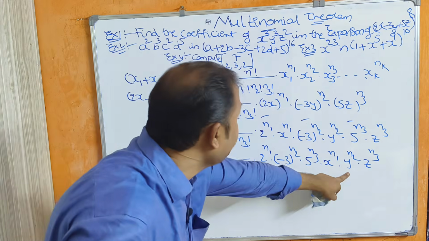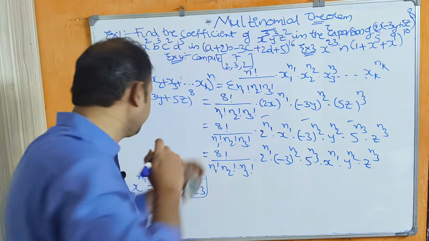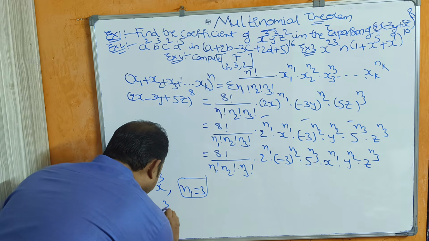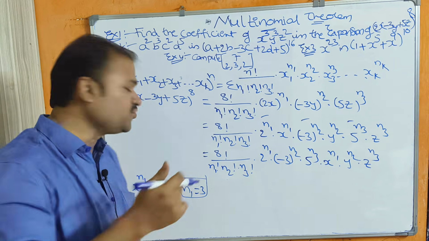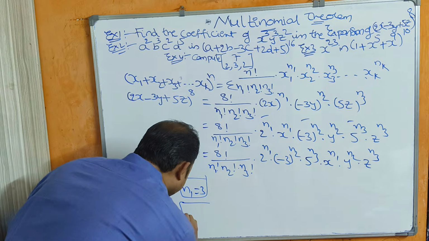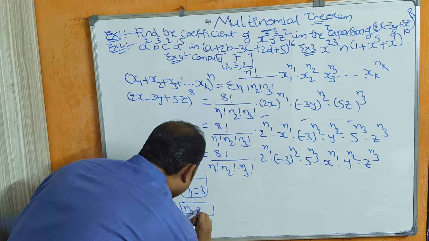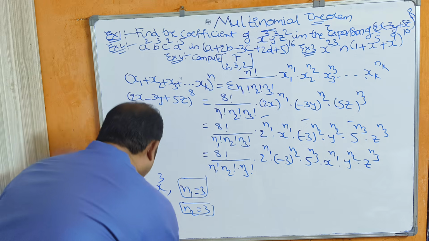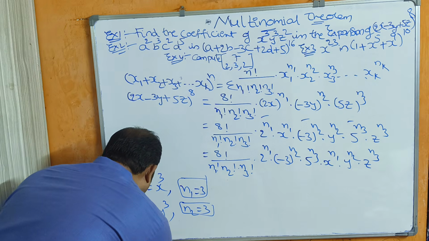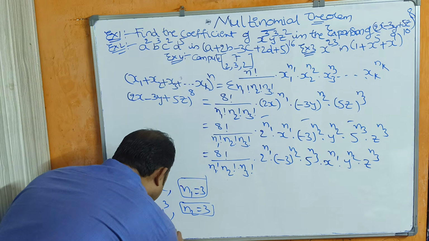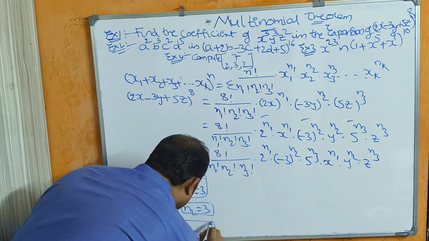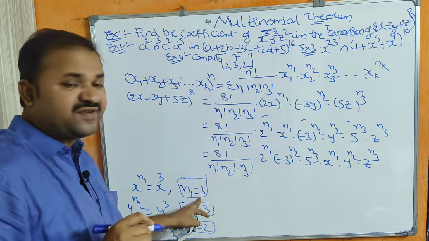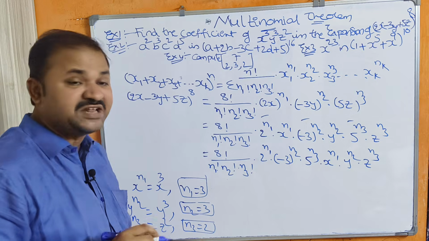Likewise, y power n2 equals y cube. So here the bases are equal, so we can equate the exponents. So n2 equals 3. Next, z power n3 equals z square. The bases are equal, so equate the exponents. So n3 equals 2. So here the n1 value is 3, n2 value is 3, n3 value is 2.